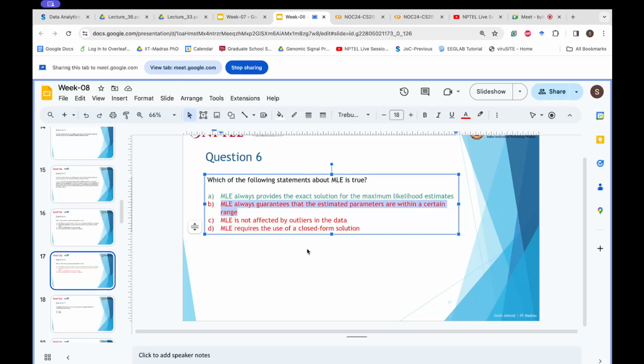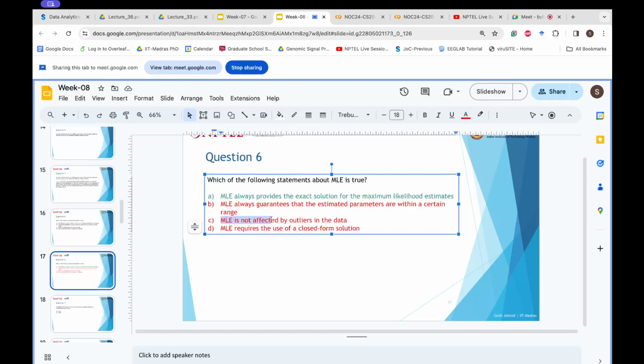So MLE does not guarantee that it will be in a particular range always. Although it exactly predicts the distribution parameters given the data points, it does not give you a range of values these parameters may take.